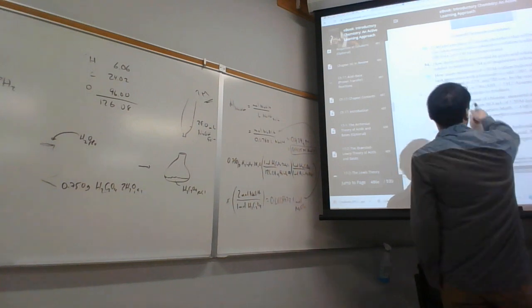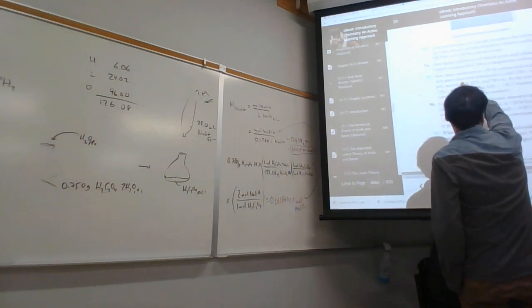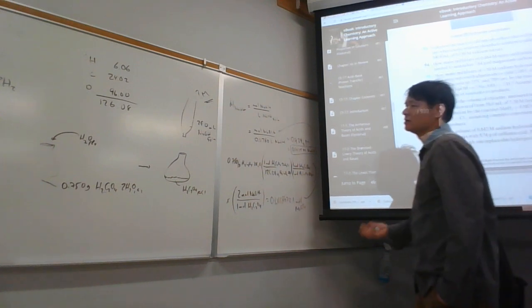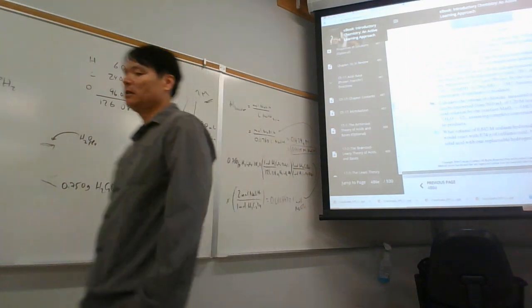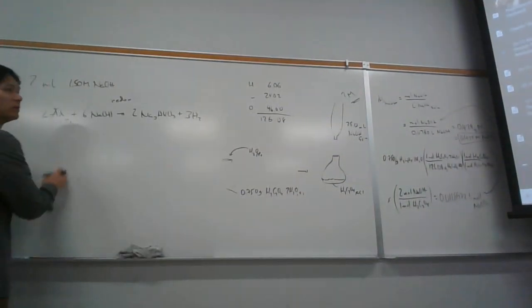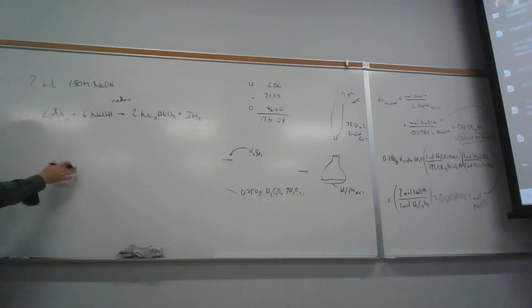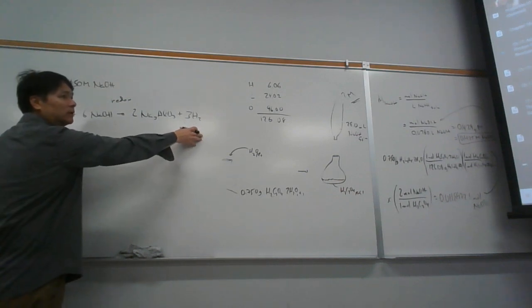Well, anyway, we assume that must react with aluminum. And so aluminum is going to be, actually this is going to be stoichiometric. We're going to need to react all the aluminum. We don't need to know how much aluminum. We need to know how much hydrogen is being produced.